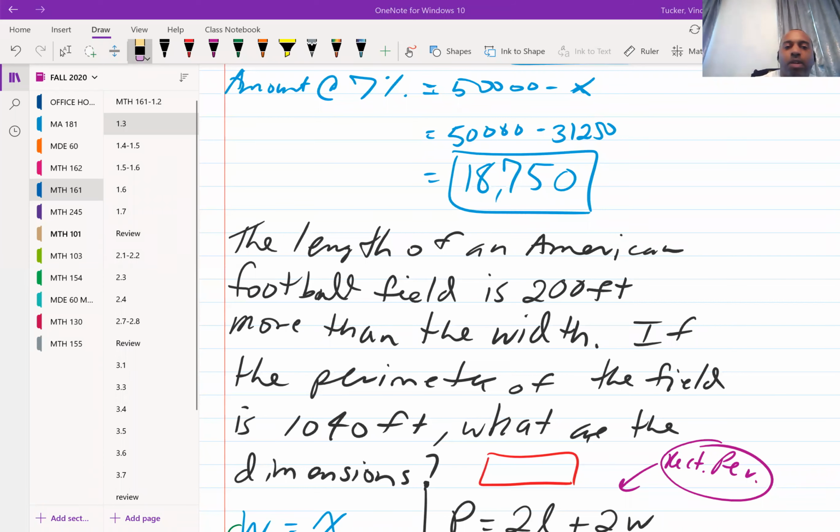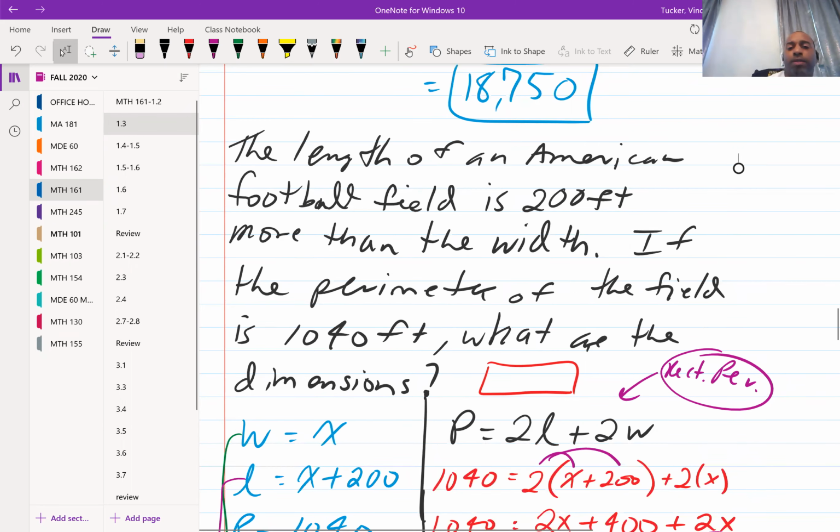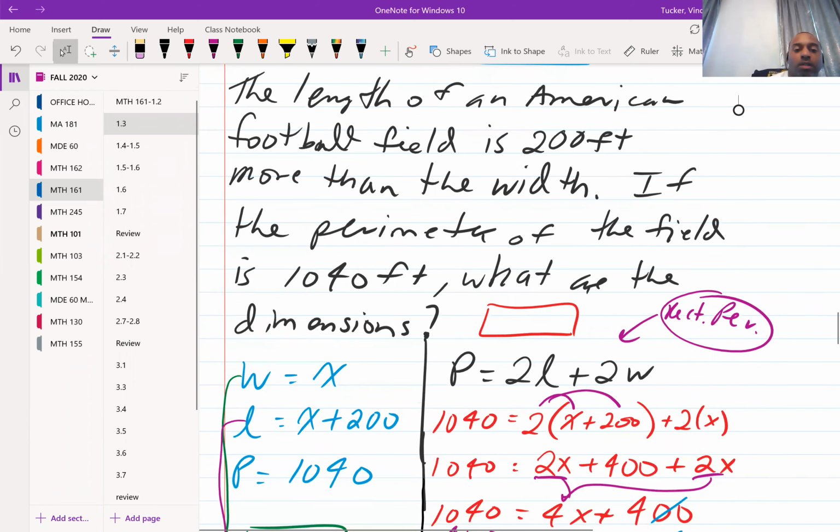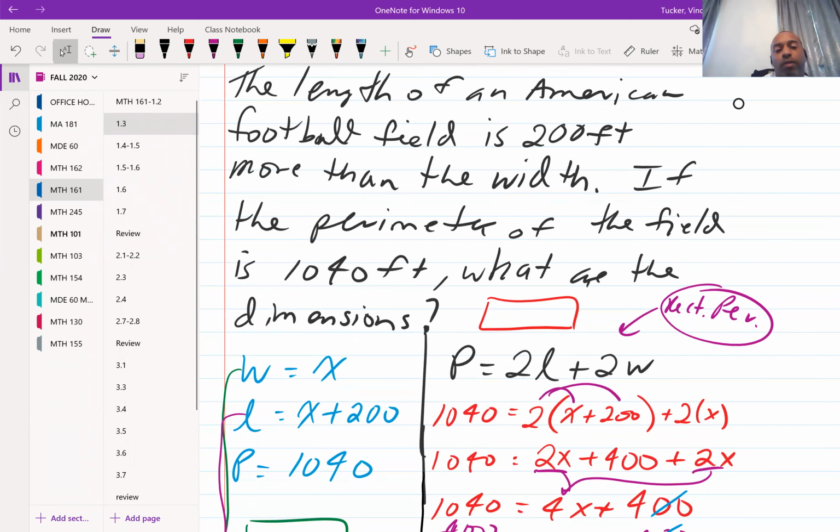All right, so we're looking at the length of this American football field. A football field is rectangular, so when we talk about the dimensions, we are talking about width and length. Once again, we have two unknowns, and we want to use one variable.